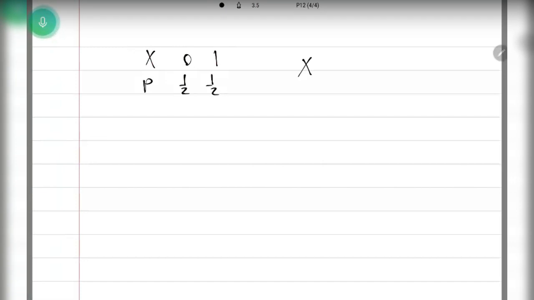It's more or less obvious that X under probability P has a binomial distribution with n equal to 1 and probability 1/2. And the expected value of X under probability P is 1/2, okay? That's fine?